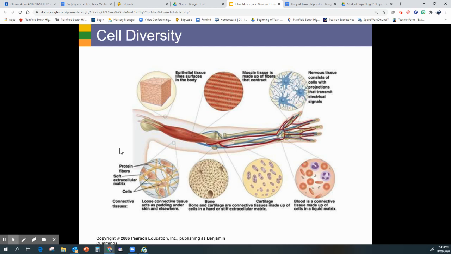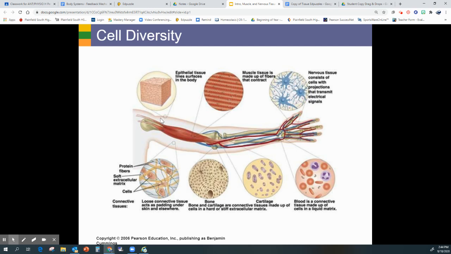All right, cell diversity is really what we're going to get into in this unit, though. And you can see just in one body part, we've got several different types of cells and several different types of tissue, okay? So we'll work our way across the top of the arm first, and then I'll come back and work across the bottom, both from right to left. The first one you see up here in the top left is epithelial tissue.